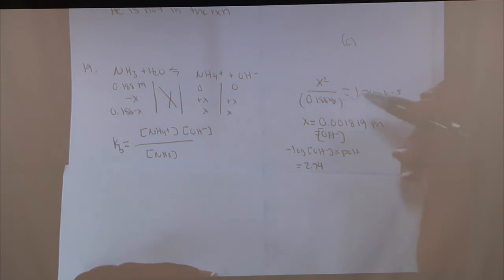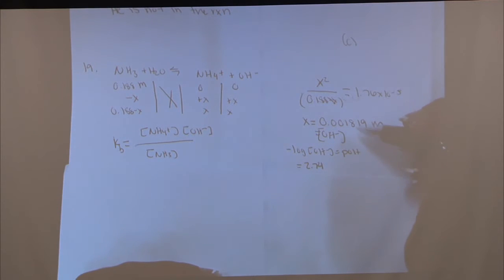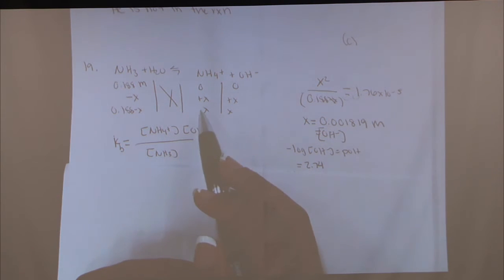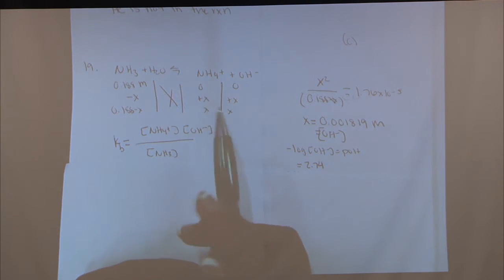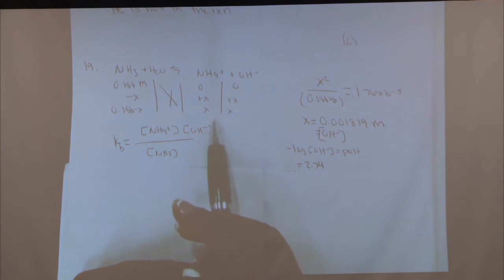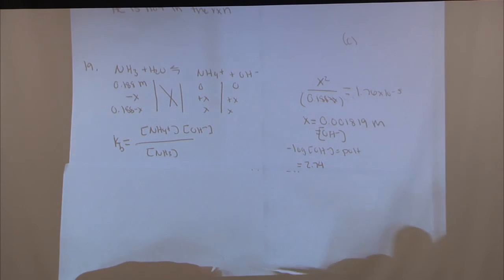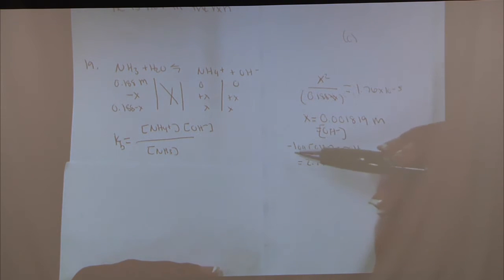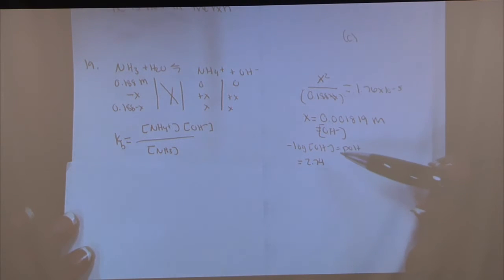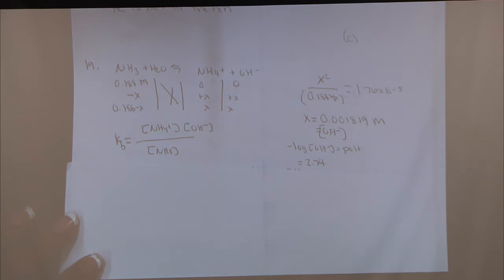And so you're going to get x equals 0.001819 molar. And if you go back through your ICE table, that's the concentration for NH4 plus and hydroxide. And so we can solve for the pH with the hydroxide concentration. If you take the negative log of the hydroxide concentration, you'll get the pOH, and so you get the pOH to be 2.74.